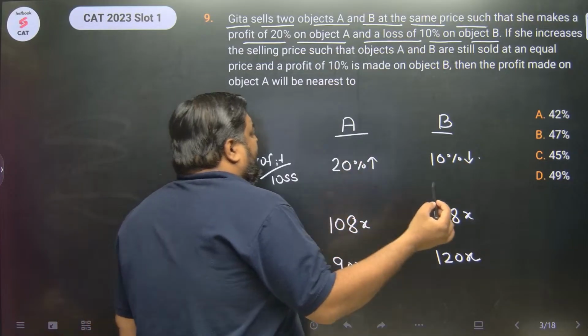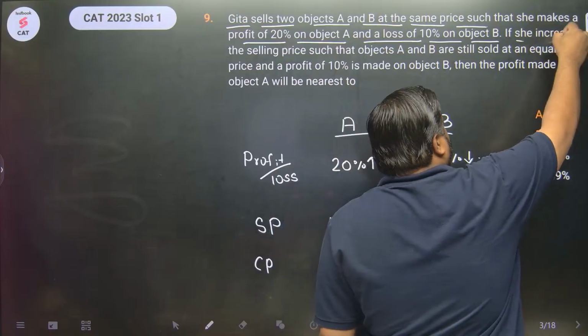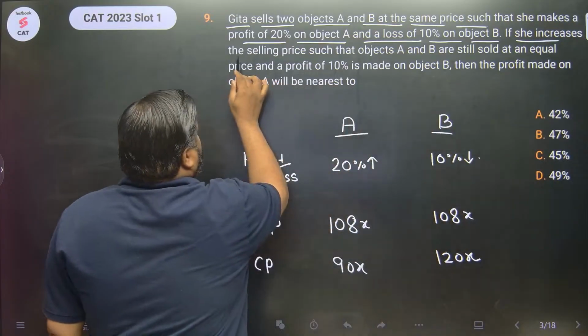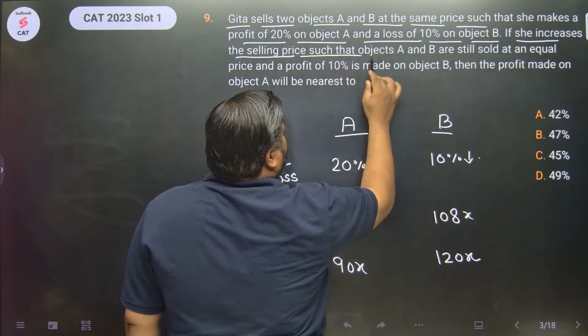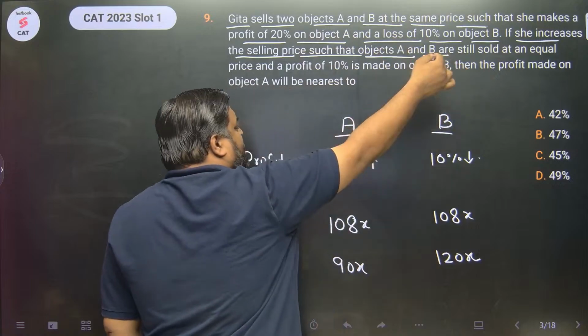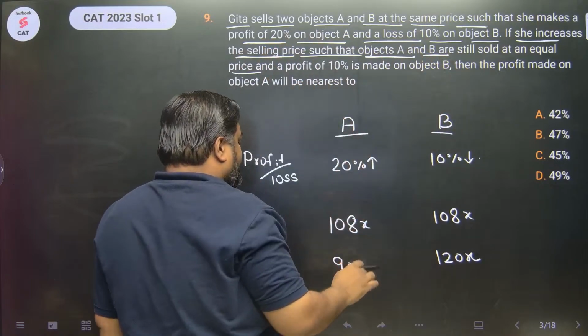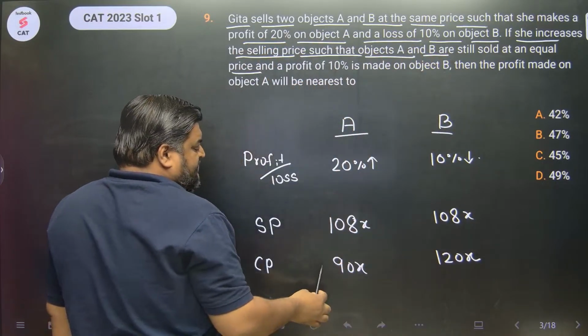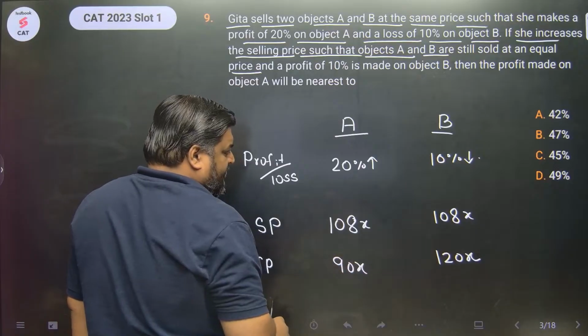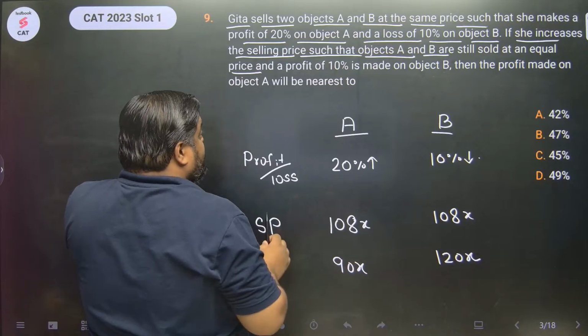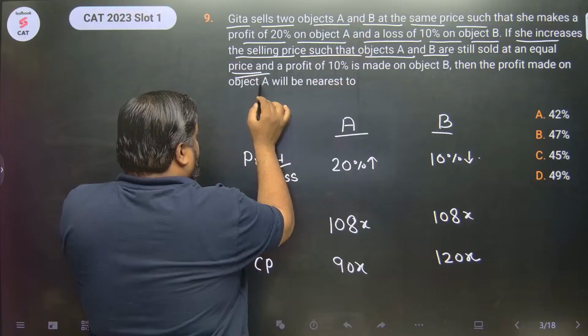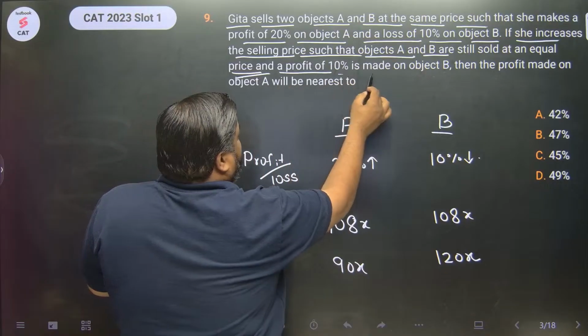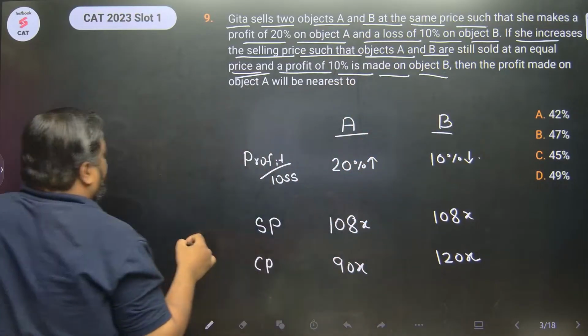In the second part of the question, it is given that she increases the selling price of objects A and B and they are still sold at an equal selling price. So she is increasing the selling price of objects A and B. Still the selling prices are equal and a profit of 10% is made on object B, right?